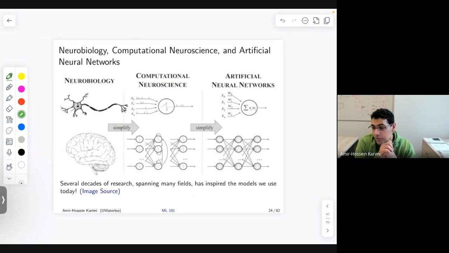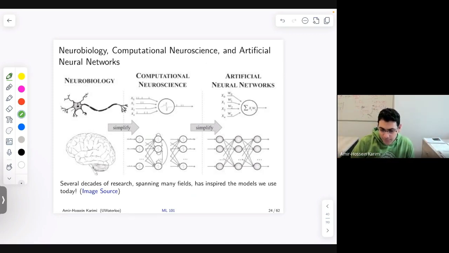Then we had the field of computational neuroscience that abstracted some of those details away and came up with a computational approach to neuroscience. And finally, we have artificial neural nets within the field of AI and machine learning that builds upon that and once again abstracts things to simpler models to do some complex processing. So yes, we are loosely inspired, but we're very much distant from all of the details that go into our physical brains.